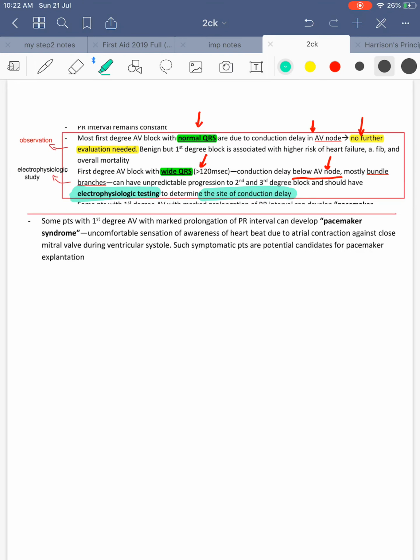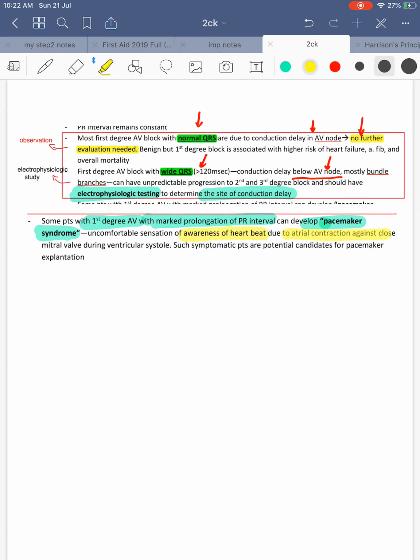UWORLD also mentions that some patients with first degree AV block with marked prolongation of the PR interval can develop pacemaker syndrome. What is pacemaker syndrome? An uncomfortable sensation of awareness of the heartbeat. The patient would be aware of his or her heartbeat, which is a very uncomfortable situation. Why does it happen?